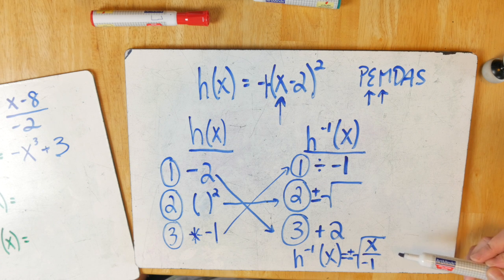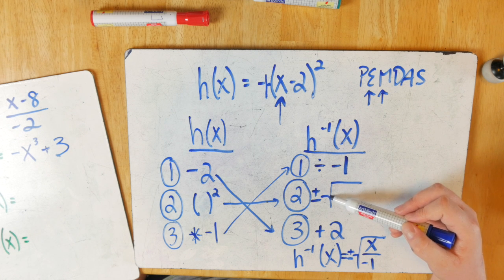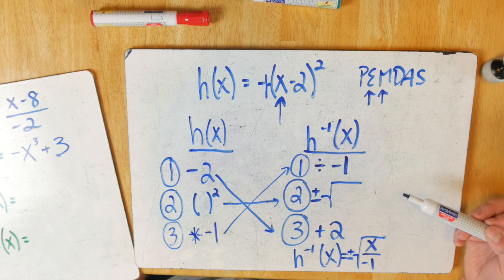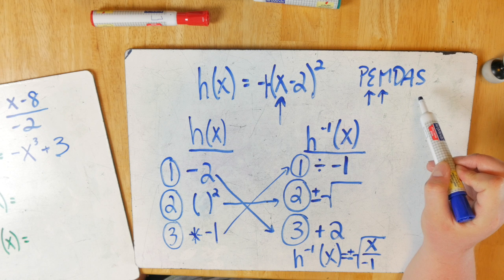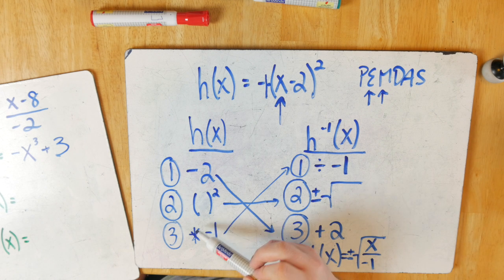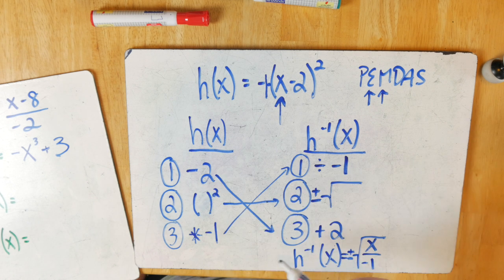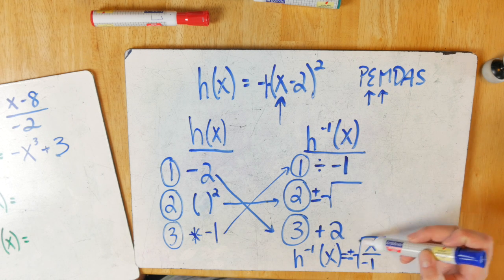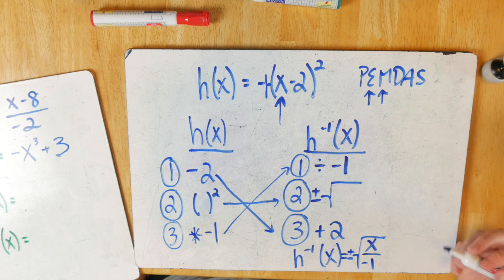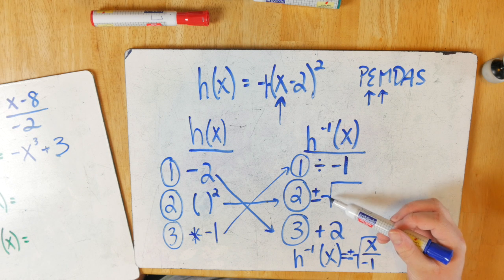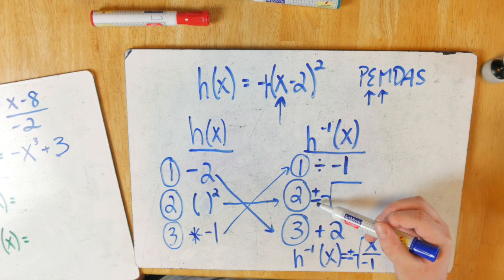So we're square rooting the entire fraction, and that's because we need to make sure that we're doing this step to every piece of the function we have so far. And that goes back to that order of operations, is making sure that you are not only taking the inverse of each operation here, but that you're reversing the order that these steps were done in, which means that you're taking the square root of everything that you have so far, which was the input divided by -1.